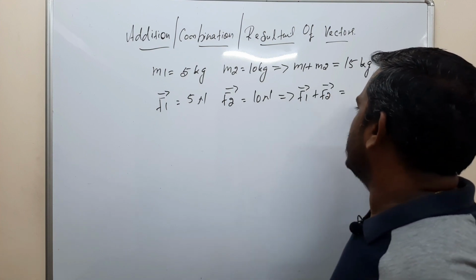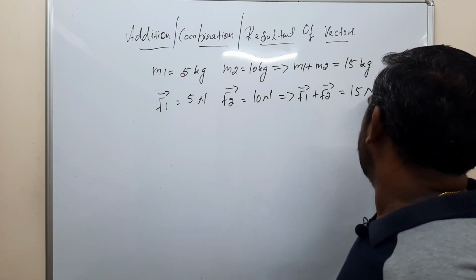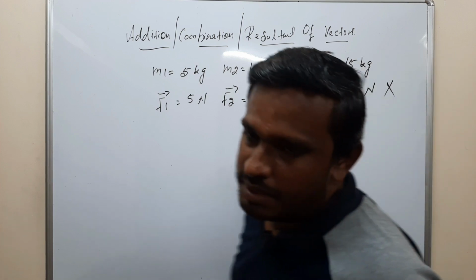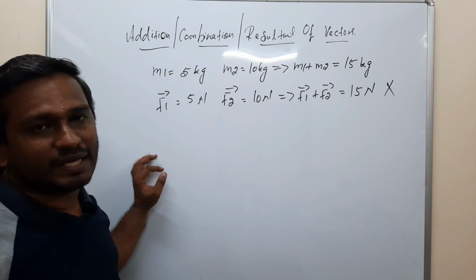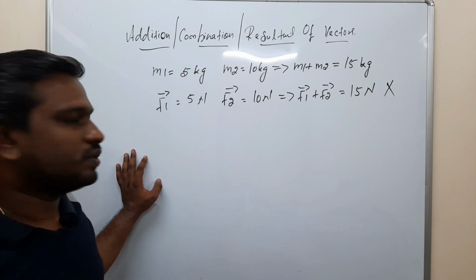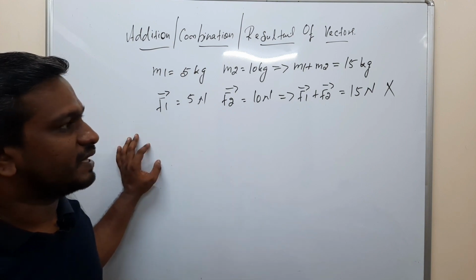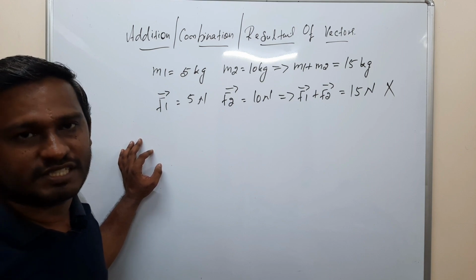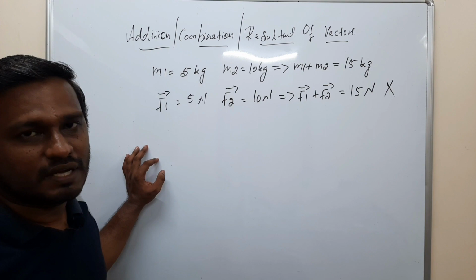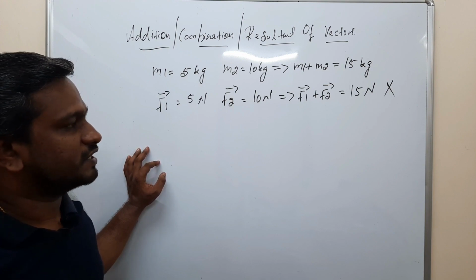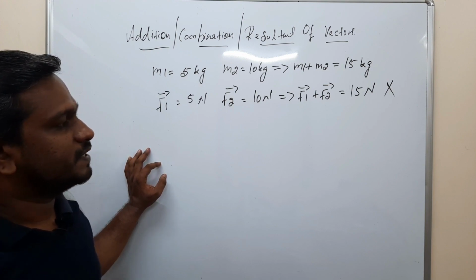Shall we write 15 Newton? No, because it is a vector quantity. Vectors have both magnitude and direction, so the ordinary rules of algebra cannot be applied for vector addition. For vector addition we use special rules.